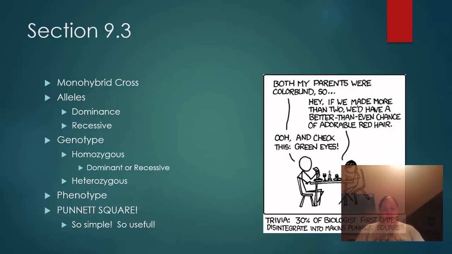And in doing so, he realized that different versions of the same trait react with each other in fairly predictable ways, and that he could even use this knowledge about how they interacted with each other to predict what sort of offspring different parents would have. When we talk about different versions of the same trait, those versions have a specific name. They are called alleles.